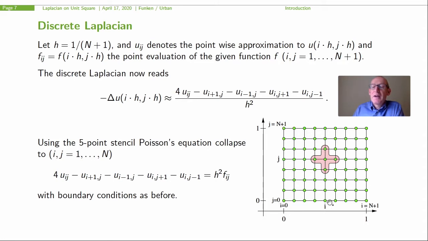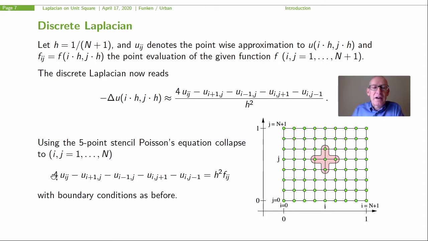On the boundary we already know the values of the unknown function, which is given by the Dirichlet boundary conditions. Here we assume homogeneous Dirichlet boundary conditions. That means u at all the green nodes on the boundary is 0. For all the interior nodes, we have to satisfy the discrete Poisson equation for each node.